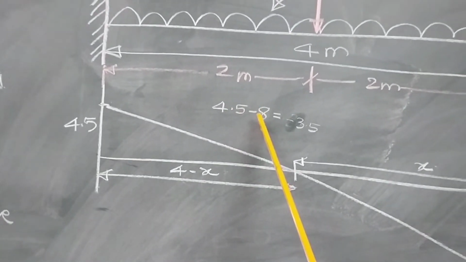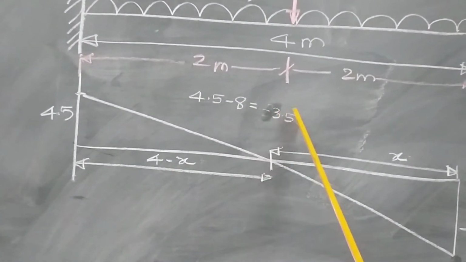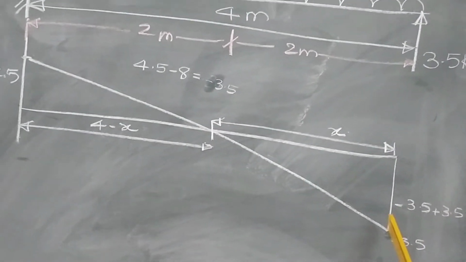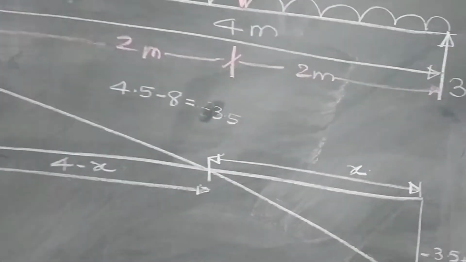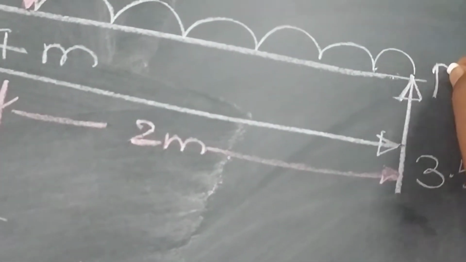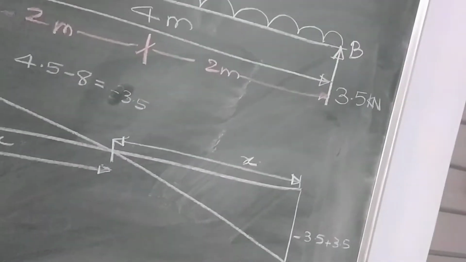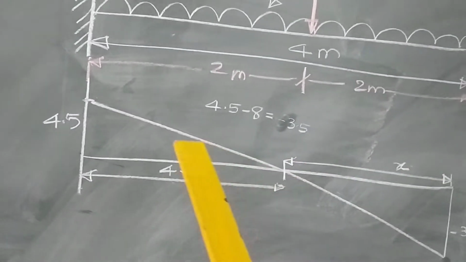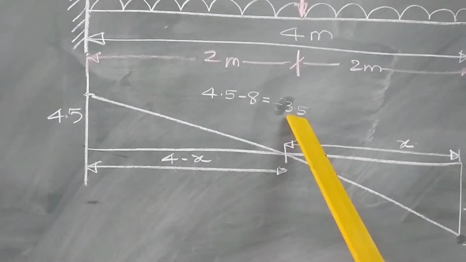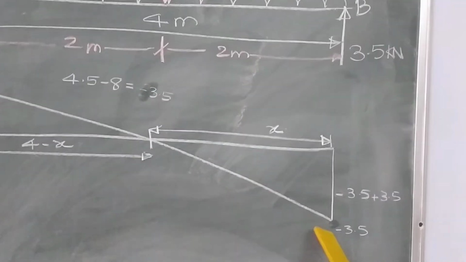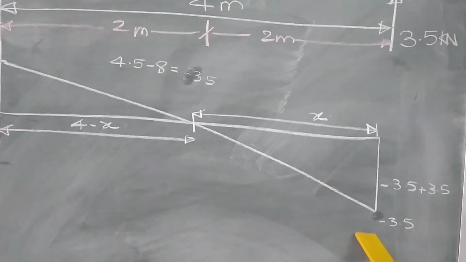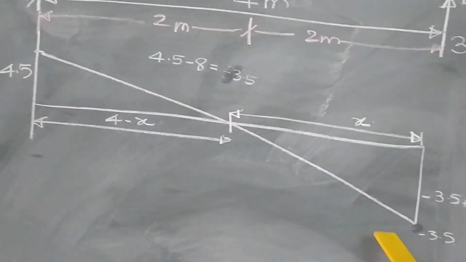So, 4.5 minus 8 is nothing but minus 3.5 up to end of UDL, that means end point B. Let us write down here point B. So, let us draw minus 3.5 here, and join 4.5 to minus 3.5 with inclined straight line.